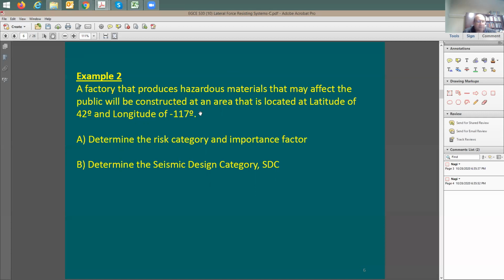You need to go to the website, and there is one for SIAC, and another one for the ashpod, and based on this, you can find out the SD1 and SDS and the whole thing. The risk category is going to be 3. Importance factor is going to be 1.25. The seismic design category is going to be based on SD1 and SDS after you determine these.